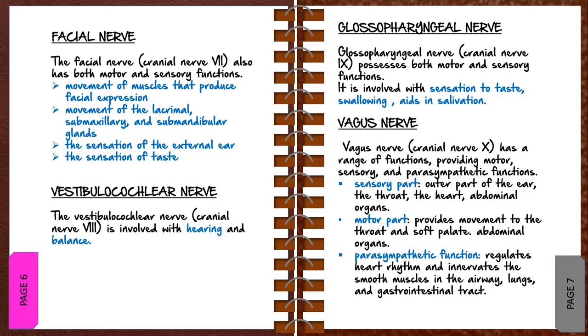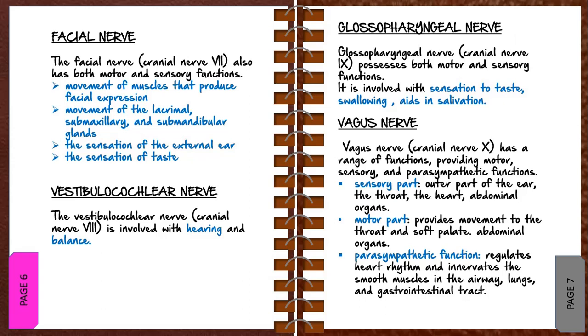Now let's move on to the vagus nerve. Vagus nerve has a range of functions, providing motor, sensory and parasympathetic function. So this will be the fourth nerve that is connected to motor and sensory modalities. The sensory part of the vagus covers the outer part of the ear, the throat, the heart, and abdominal organs.